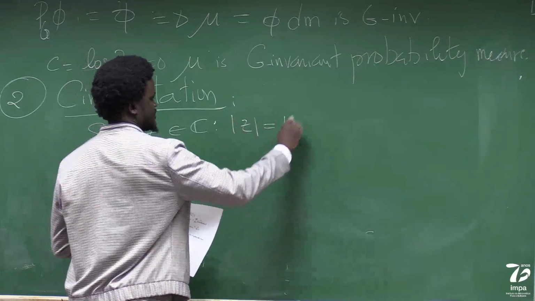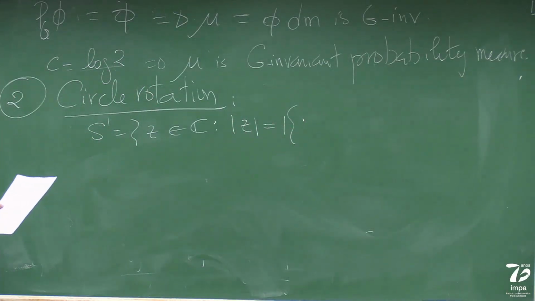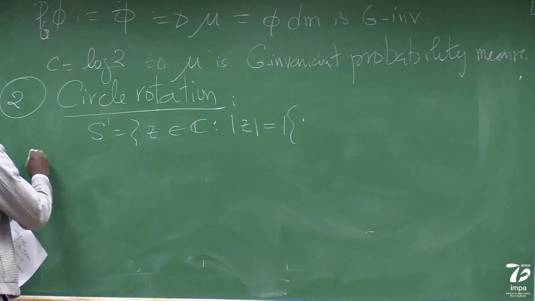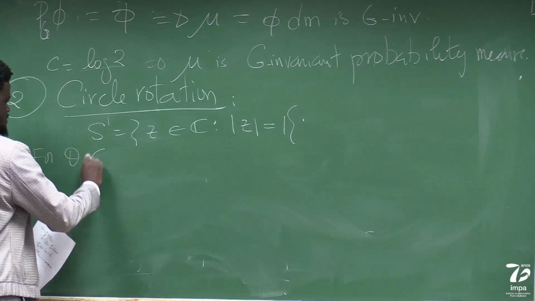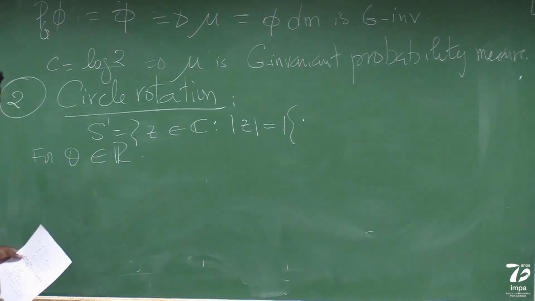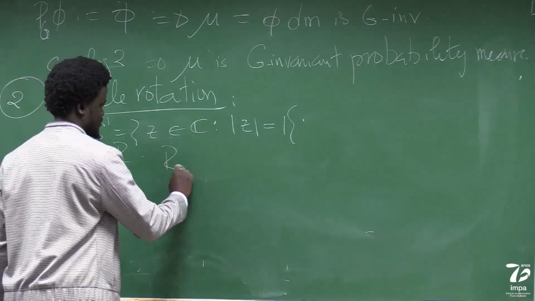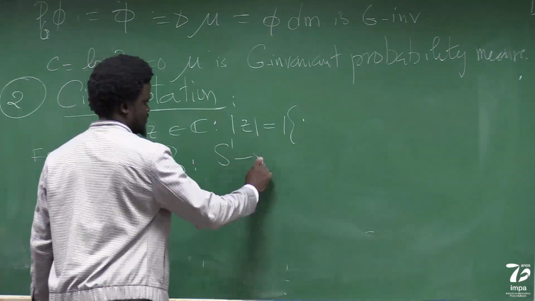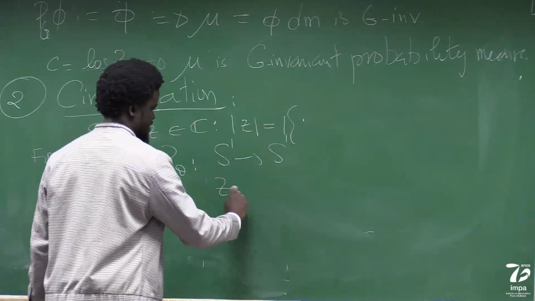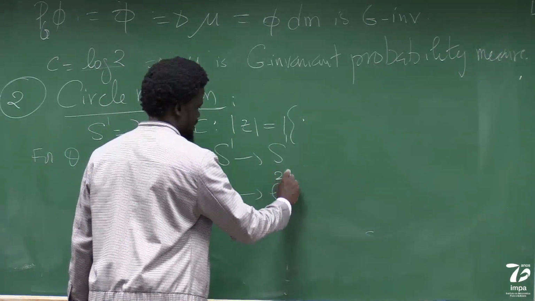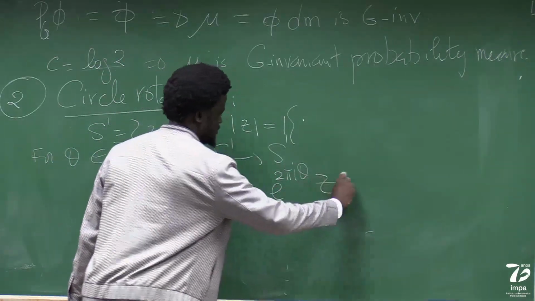For theta in R, the circle rotation R theta is defined from S1 to S1, mapping z to e to the 2 pi i theta times z. Like this.